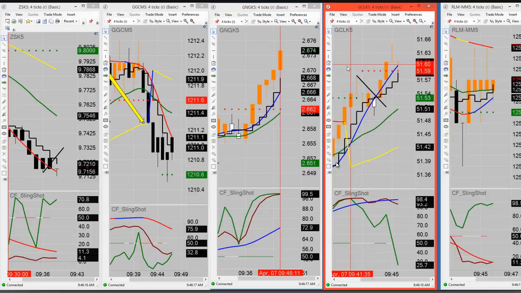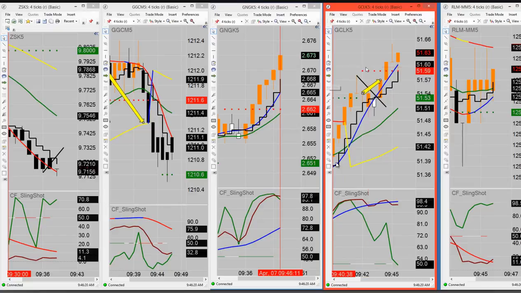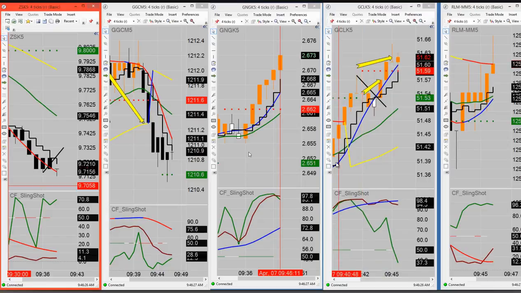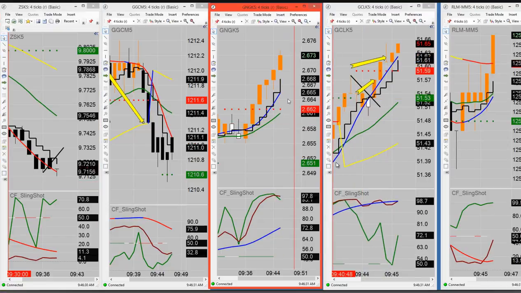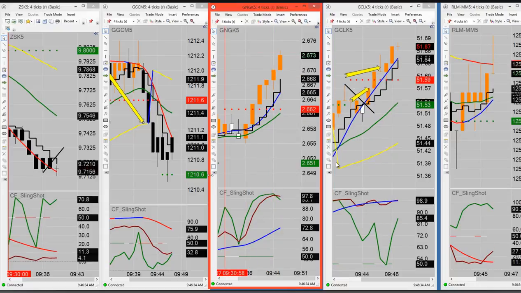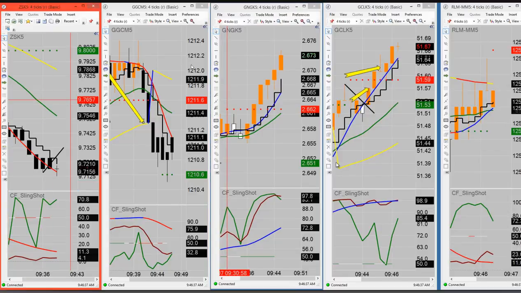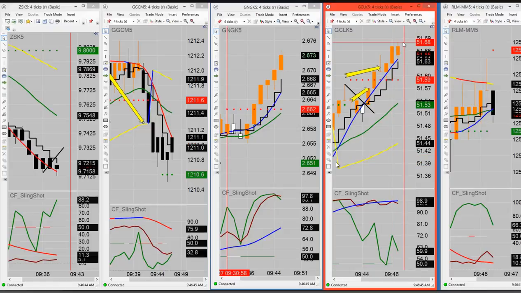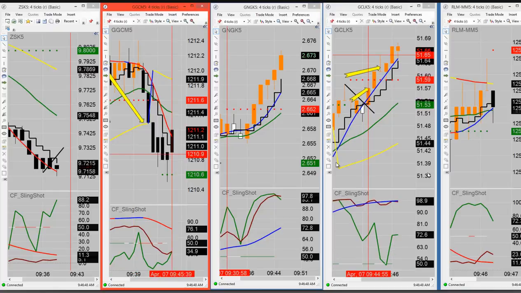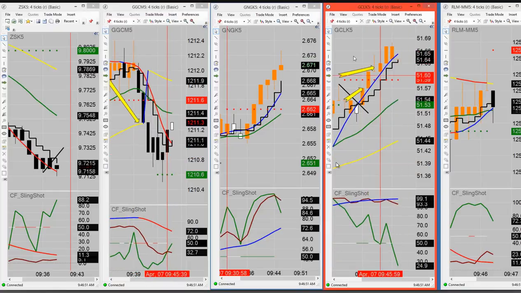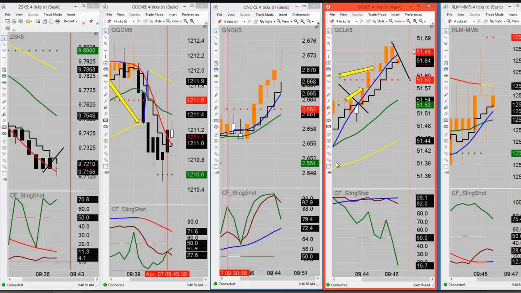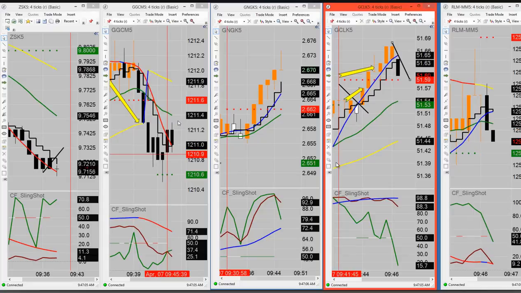On the crude, there's our trend line. Natural gas, we have nothing, and over here on the gold, we don't have anything there either at the moment.